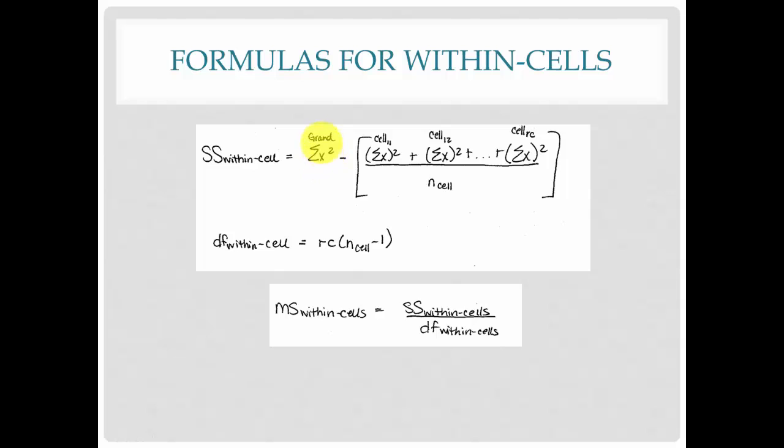So here, in terms of your notation, you have all of your raw data squared, and then you sum all the squares together, and that's your grand sum of x squared. And from that value, you're going to subtract this value here, which you've actually just calculated in your interaction effect. So this is the same as that first figure in the interaction effect.